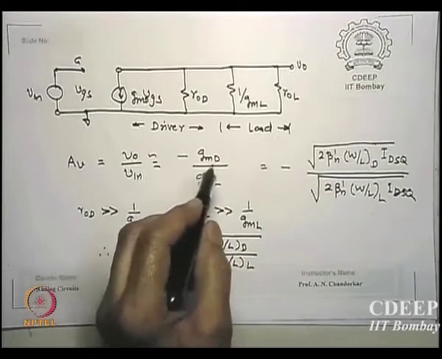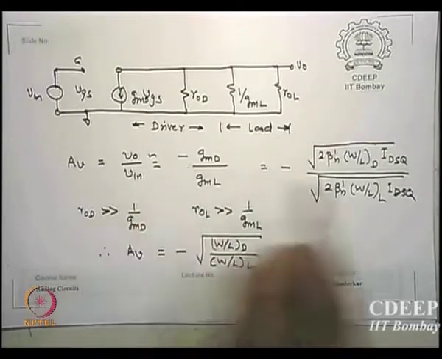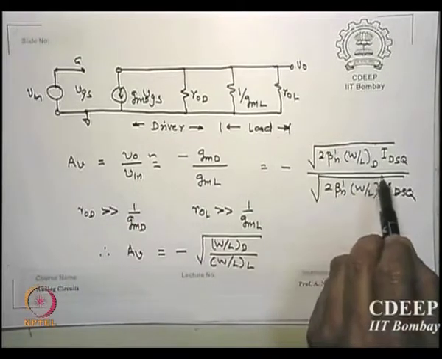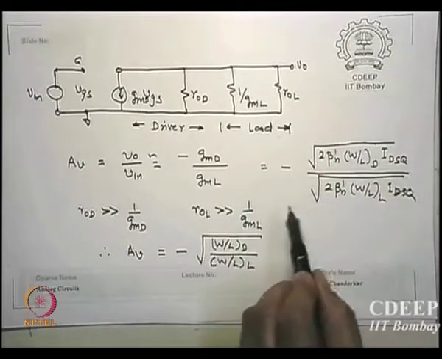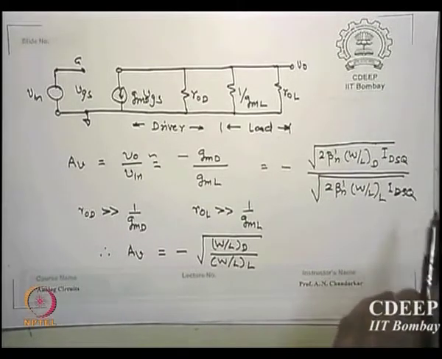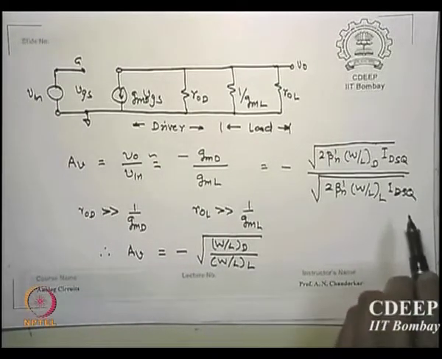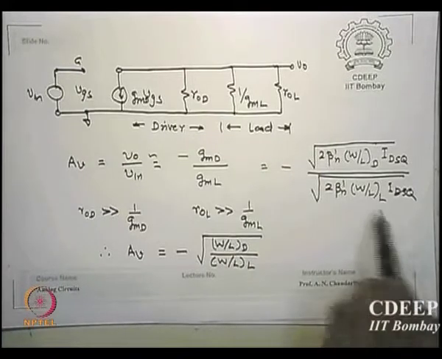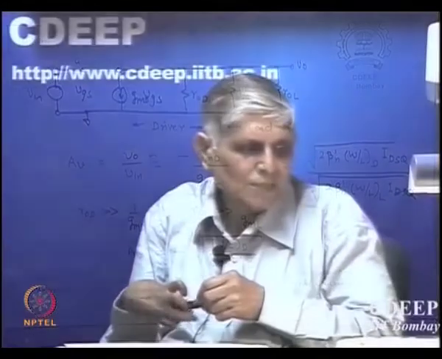Okay. What is GMD? The transconductance of the driver, 2 beta n dash W by L driver into the bias current IDSQ, divided by GML, 2 beta n dash W by L load into IDSQ. What is this IDSQ? The operating point, the DC bias part which we have not shown, that is the bias current. Okay. So how much is the gain essentially in the case of NMOS amplifiers?